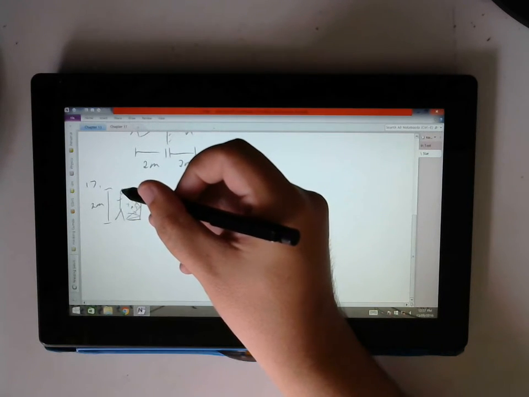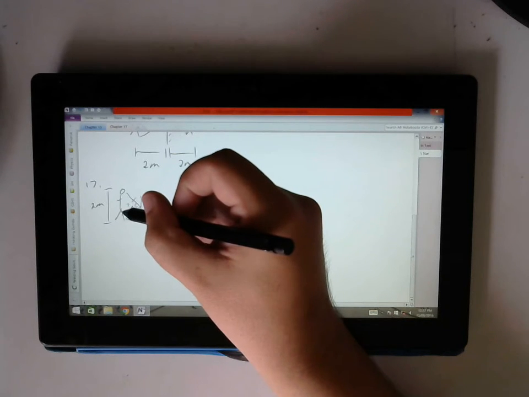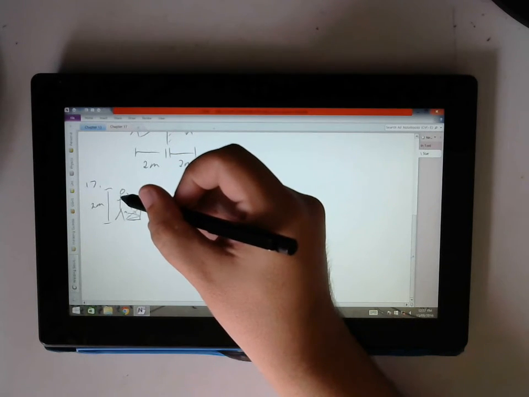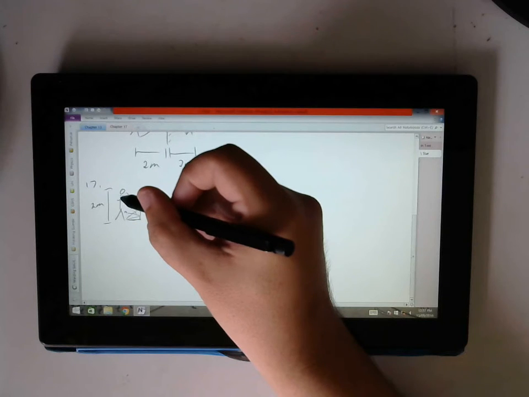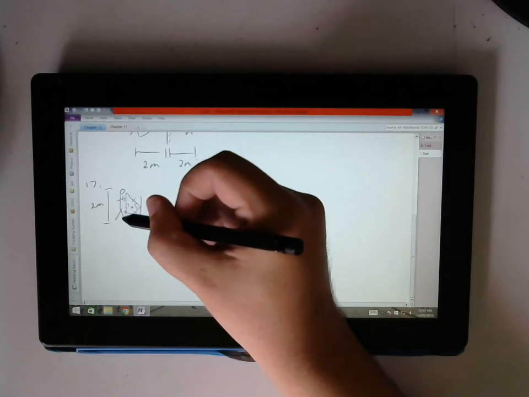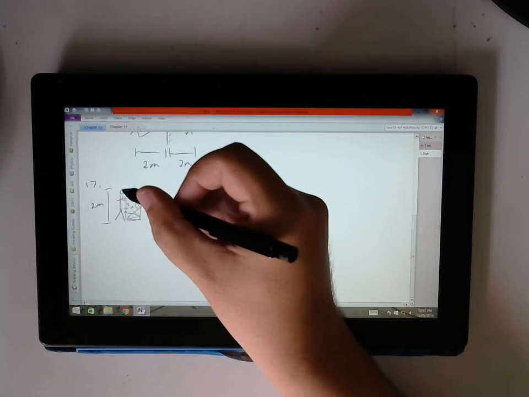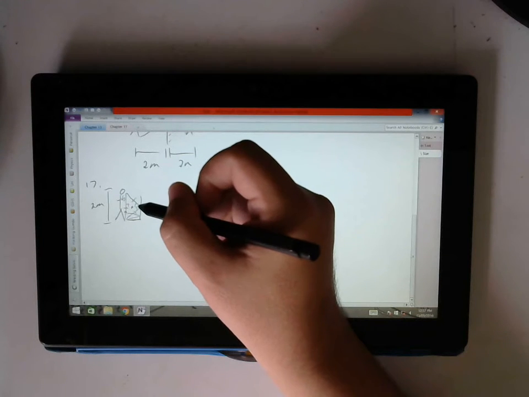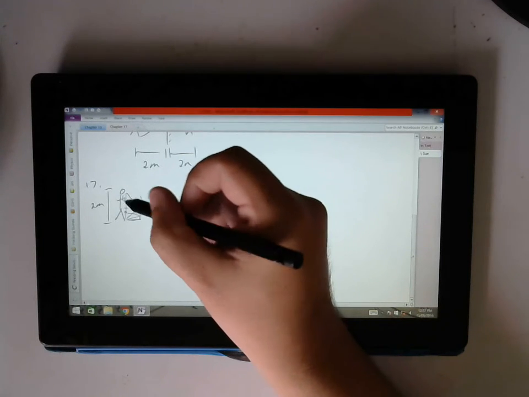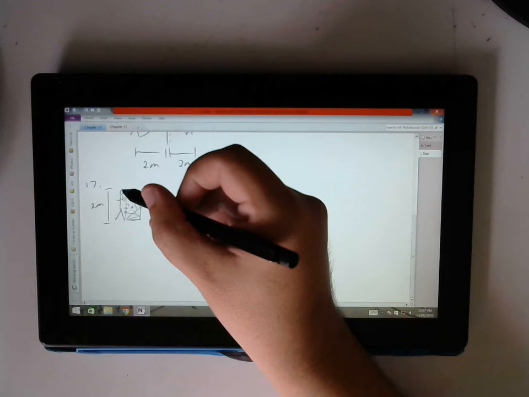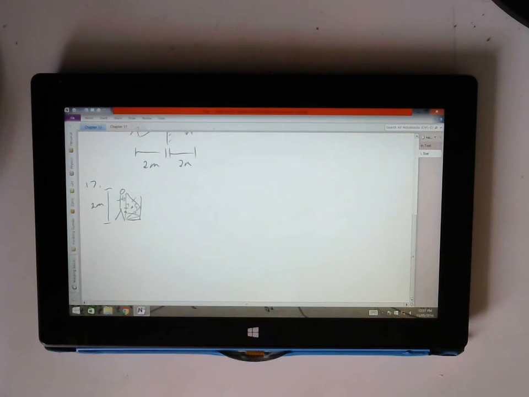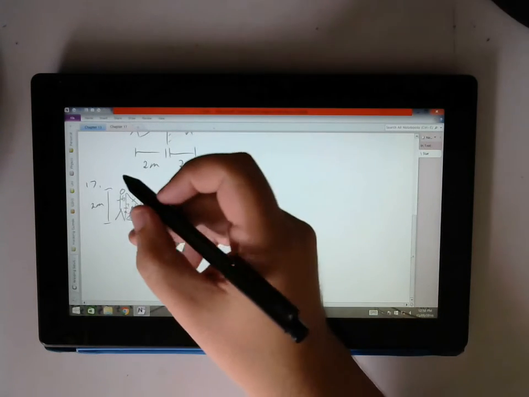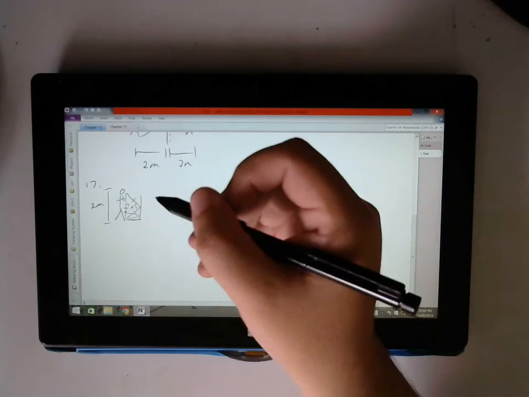We need the distance A to be equal to distance B, and A plus B has to be from the bottom to the head, so that means to the eyes. So that means that if we want to go from here to here, it has to be half the distance from your eyes to the ground.